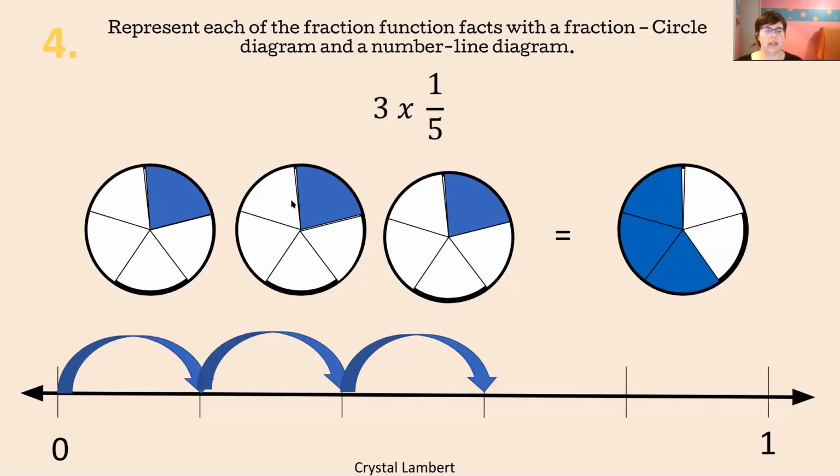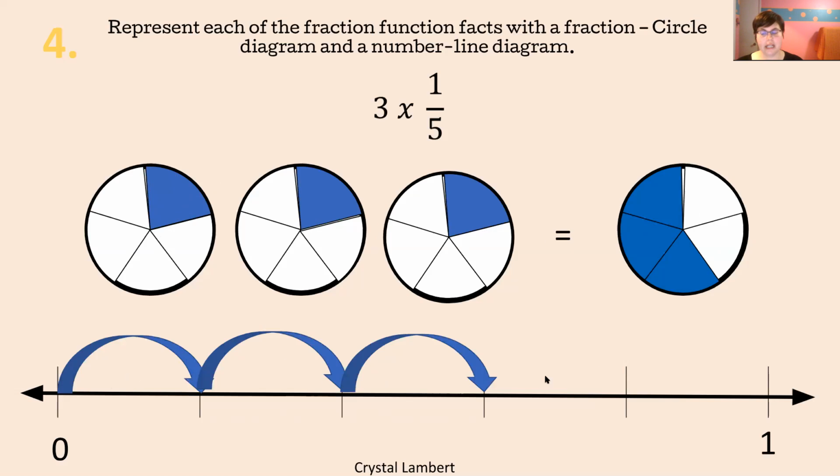So 1, 2, 3. And you will see each circle is divided into 5 equal places, as much as I can get it there. And we shaded in one area. So you will see 3 represented of 1/5. 3 times 1/5 is 3/5.